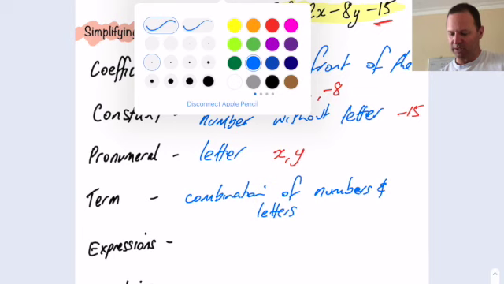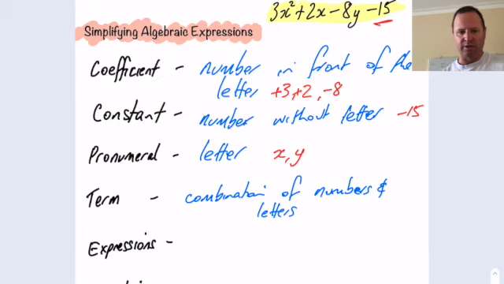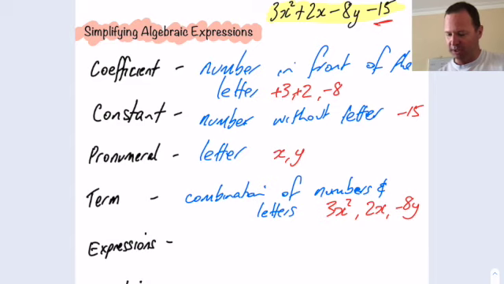In that case, it's just going to be 3x squared, it's going to be 2x, and again, the -8y. Another term would be the -15 in there. It's still a term, it's still a bit contentious, that one. Some teachers will say yes, it's a term, some say it's not. It doesn't really matter too much, but I'd like to say it's still a term.